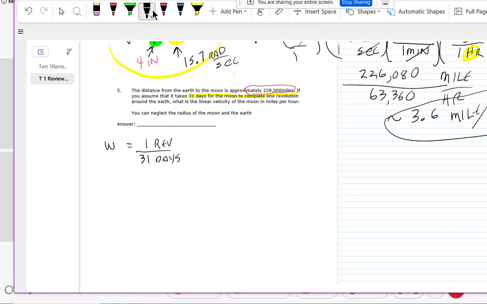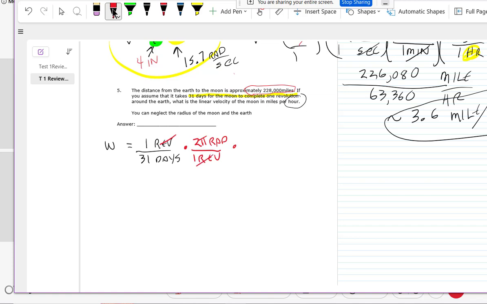Now, what you want to do is convert this to radians per hour, because we are supposed to get our final answer in miles per hour. So I'm going to do a couple of unit conversions. We know that in one revolution there are 2 pi radians.